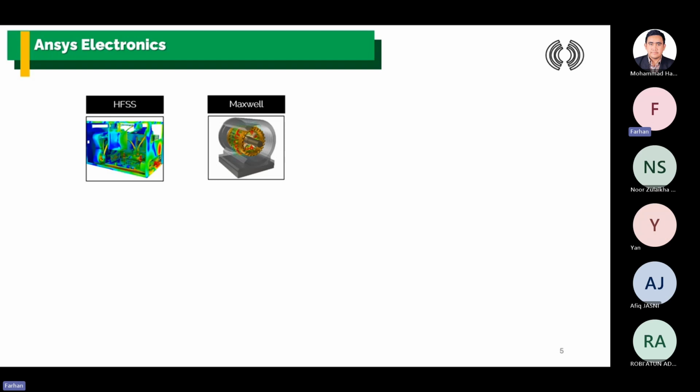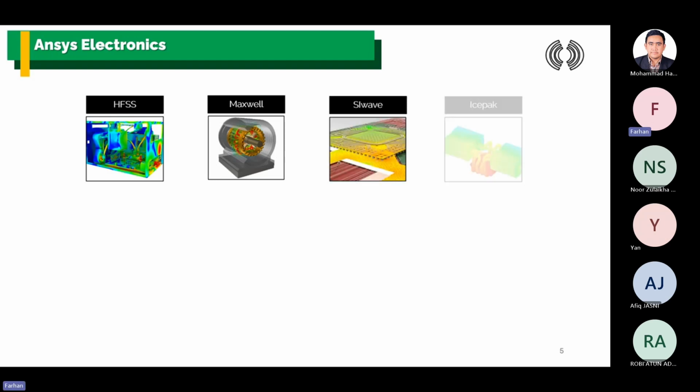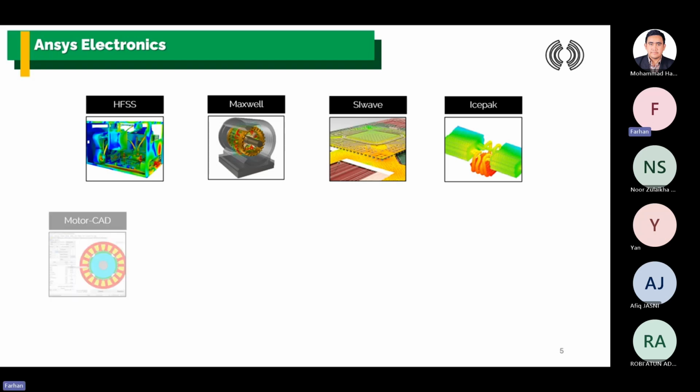Maxwell is an electromagnetic field solver for low frequency applications. We have SIwave for simulation of chip and IC package. We also have iSpec for thermal, to see the thermal inside the electronic products.